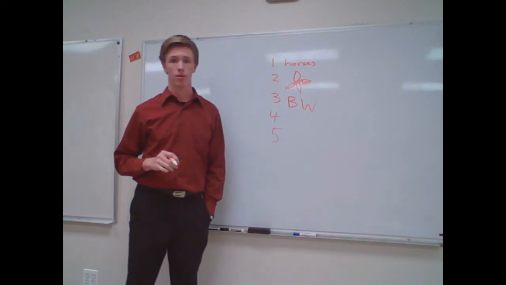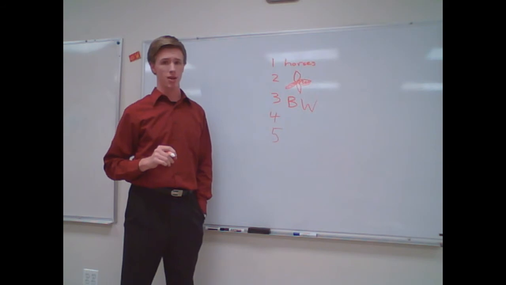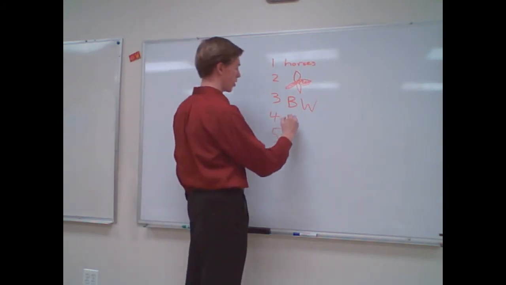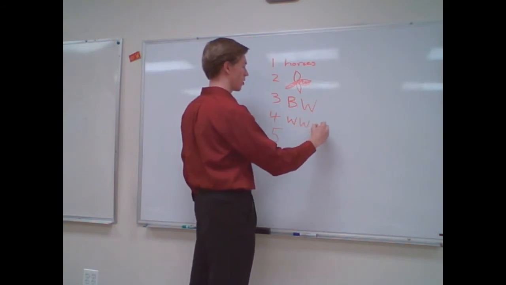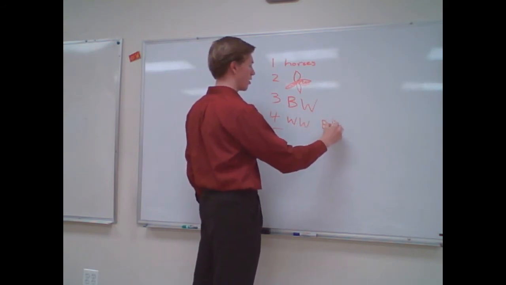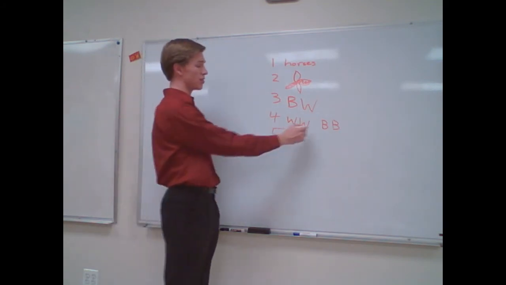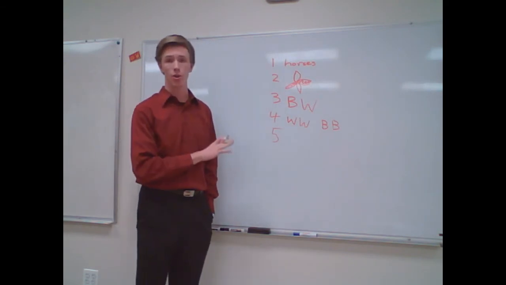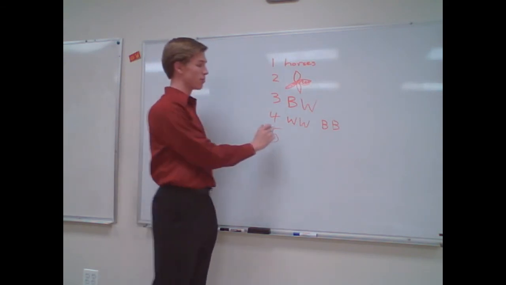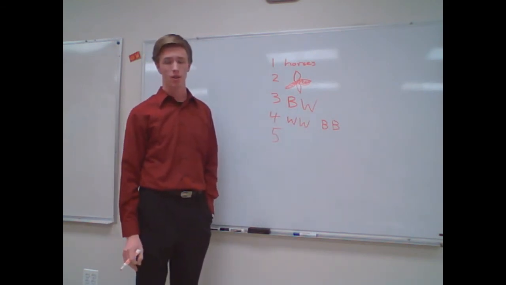Number 4, what I want you to have down is if I mix a white chicken with a black chicken, phenotype means what it looks like, so a phenotypically white chicken with a phenotypically black chicken, and you may need to do a Punnett square off to the side, but for number 4, I want you to write down the probability that there will be an entirely black chicken born.